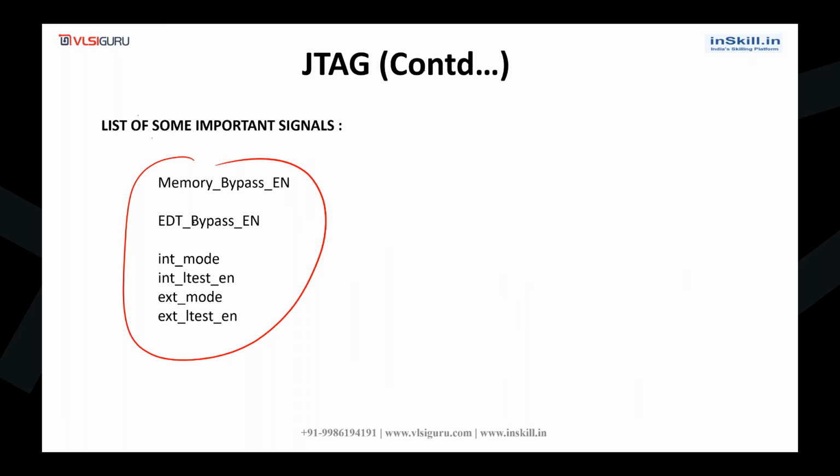Now, if all these signals are to be controlled from the top level, that is, if you allocate a top level port to control each and every signal, then what will happen?